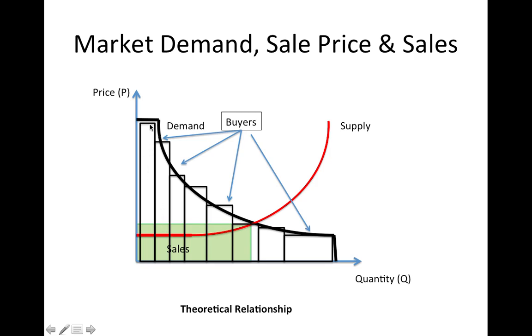There is this individual buyer who's willing to buy this much quantity, and they're willing to pay up to this price. And then there's another buyer who's willing to buy this much quantity, but they're not willing to pay quite as much. And so at this point, you could say, if we satisfy both of them, then we will have sold this much quantity, but we will have sold it at this price.